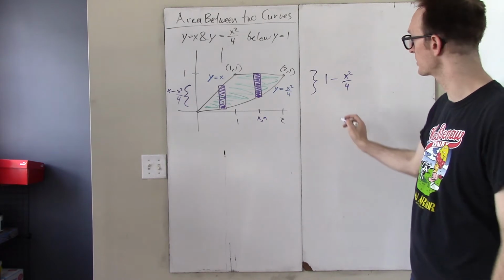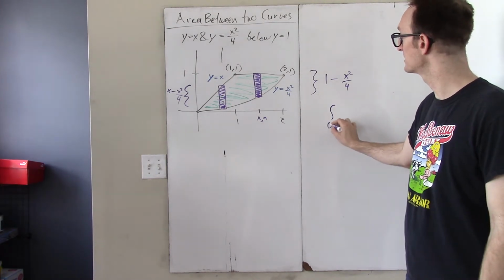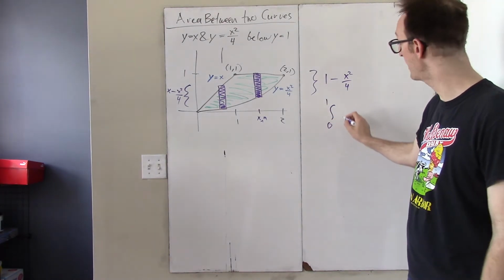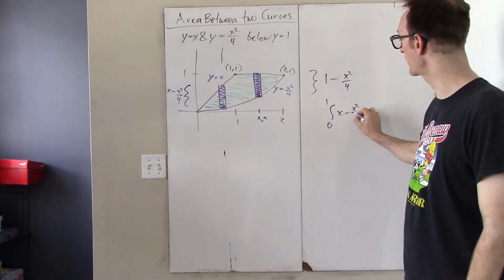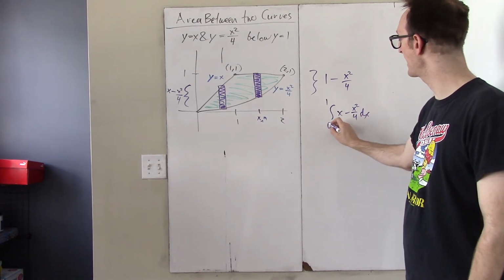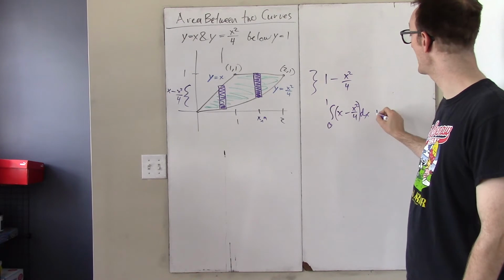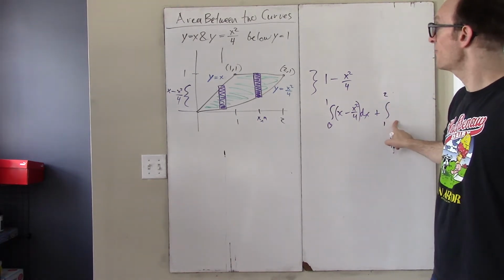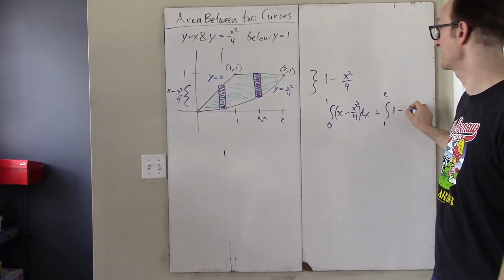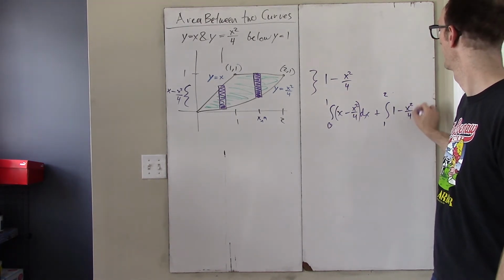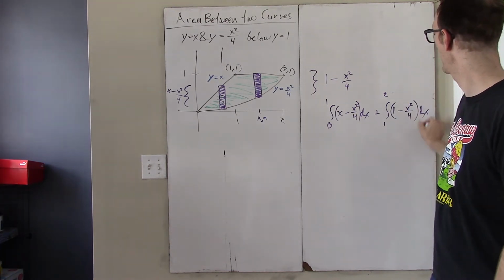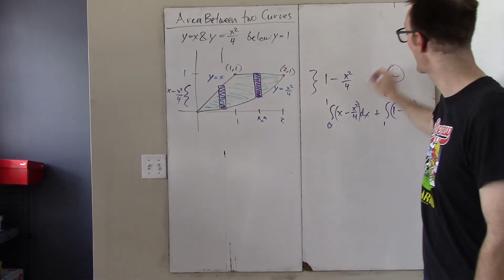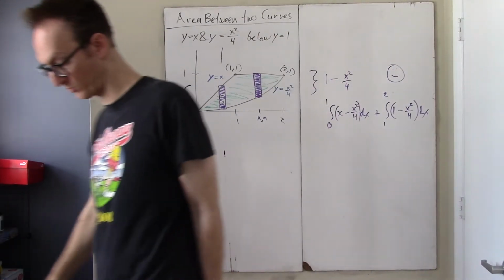So one way to solve this problem is to just accept that fact and do it as two separate integrals. This would be the integral from 0 to 1 of x minus x squared over 4, plus the integral from 1 to 2 of 1 minus x squared over 4. This would be fine, and it would be correct, and you will get the right answer.